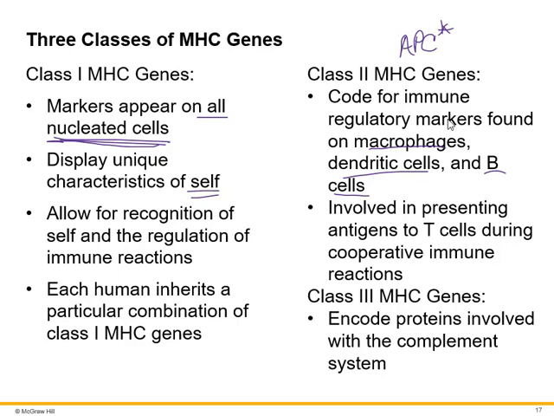So the only group of cells that have both MHC1 and 2 would be the antigen presenting cells. They have to be marked as self, but they also have this unique job of presenting antigen to T helper cells in the MHC class 2. So it is involved in presenting antigens to the T cells, and specifically to the CD4 cells.